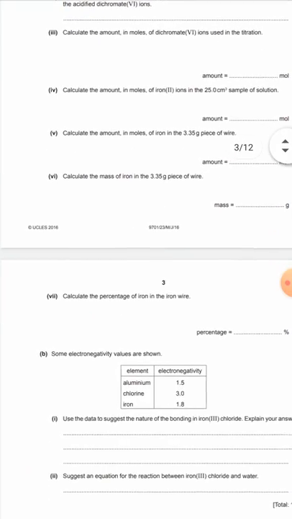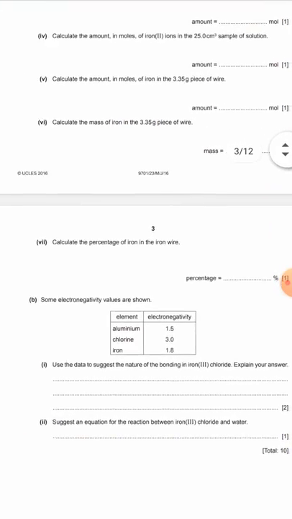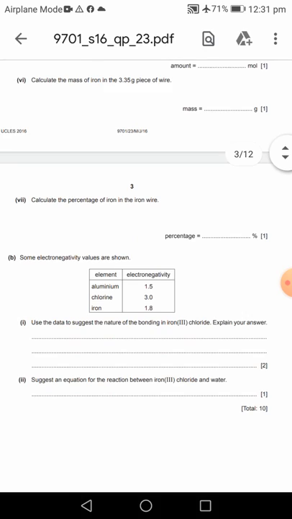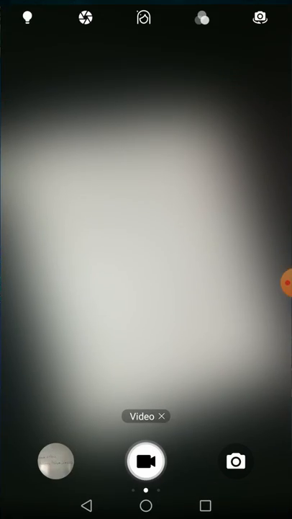So the question asked, moles found, 4 done, now 5 is also done, so number 6, the mass of iron. We have the number of moles of iron, which is 4.8 × 10^-2 moles, and to find the mass we know that number of moles equals mass divided by the atomic mass or molecular mass.